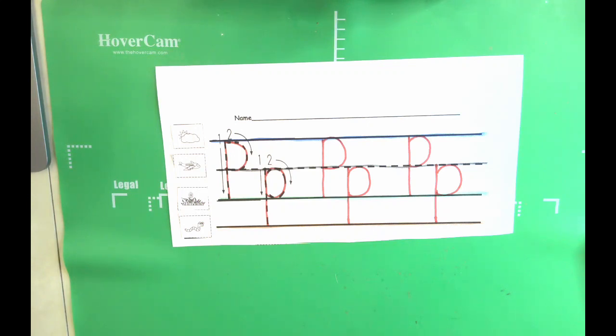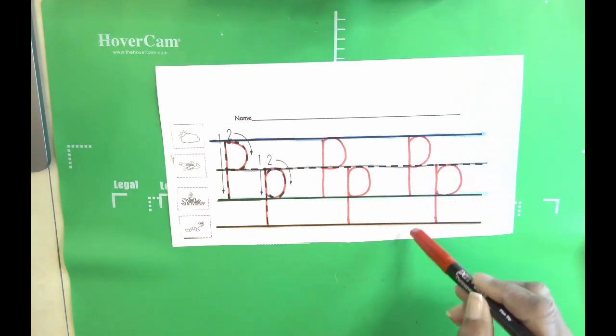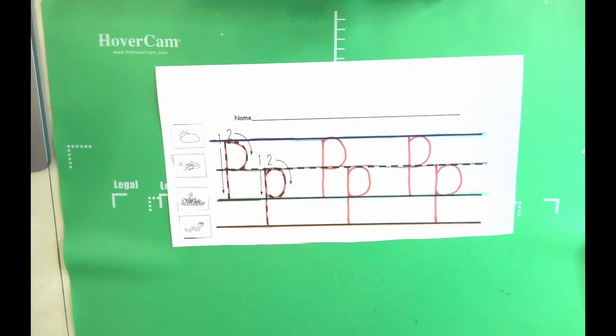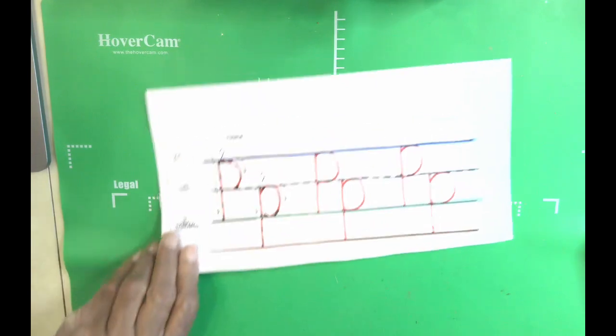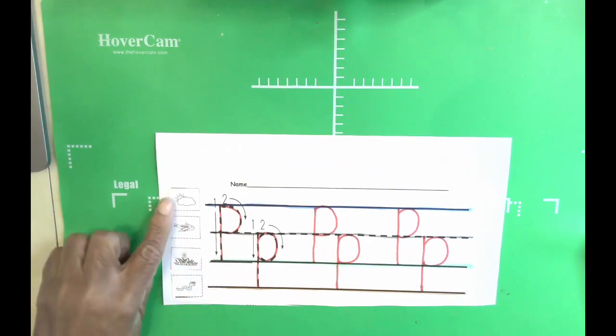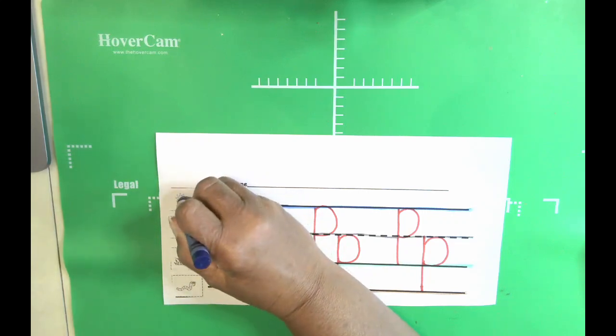There's our letter P. And because we know our lines and what they mean, it makes it easier for us. So now it's time to color our paper, our pictures. We're going to start with the skyline, color it blue.